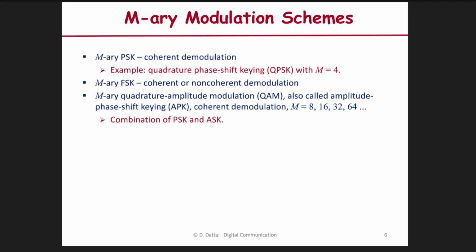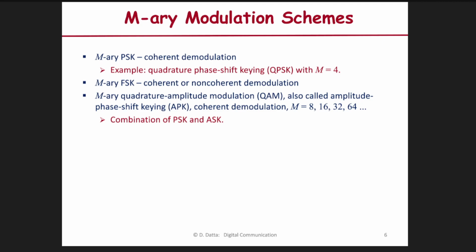But each symbol occupies a time interval which is 2 Tb. So you can see the symbol rate is decreased. The symbol rate becomes half of the bit rate. So that means what? You are able to transmit information at a faster rate. Do you see that?